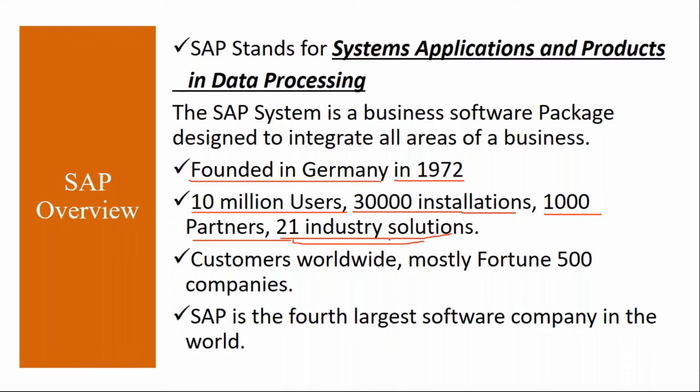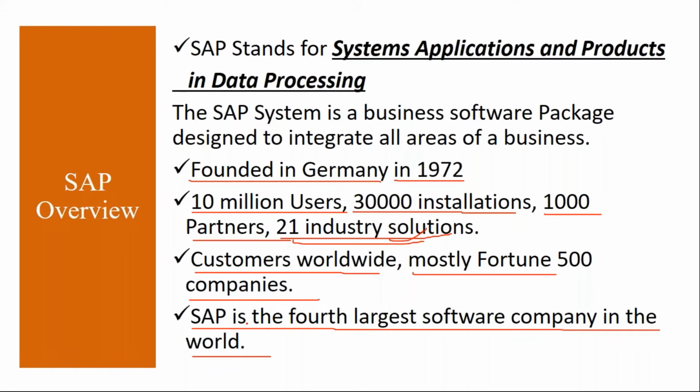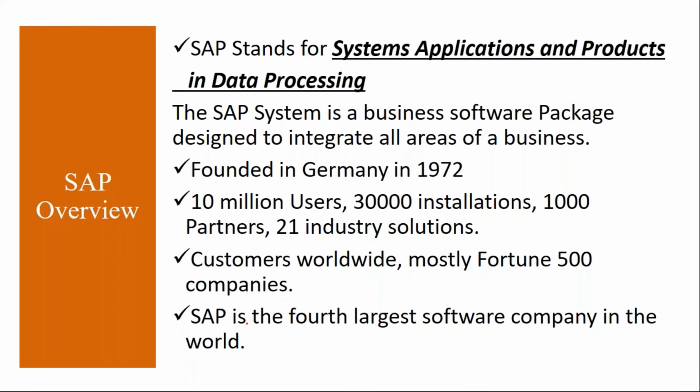It has customers worldwide, mostly Fortune 500 companies. Most of the Fortune 500 companies in various types of industries have already implemented SAP and are running their business on SAP. As of now, SAP is the 4th largest software company in the world. Okay, so now let's move on.